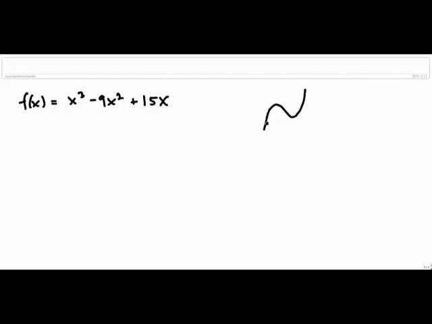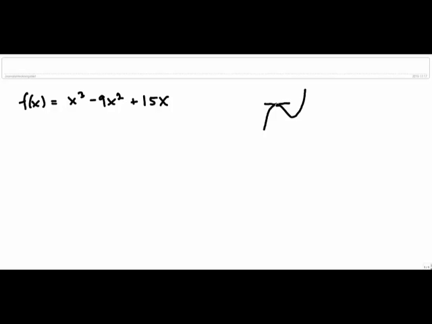So for example, if we choose this point, the tangent would be more or less like this. Okay, very steep. If we choose this point, the tangent would be something like this. If we choose this point, which is the local maximum, it's going to be completely horizontal.